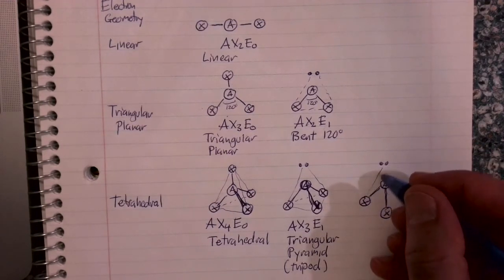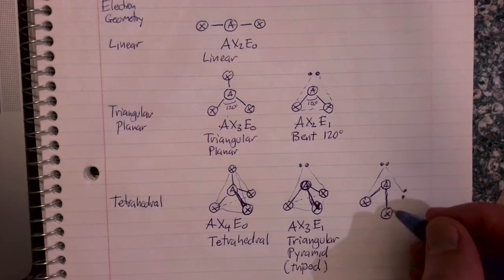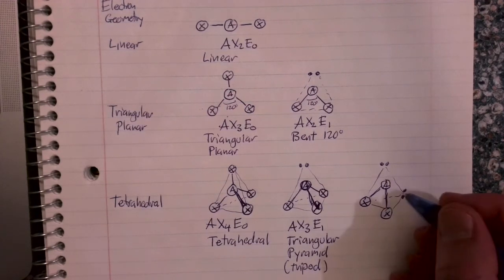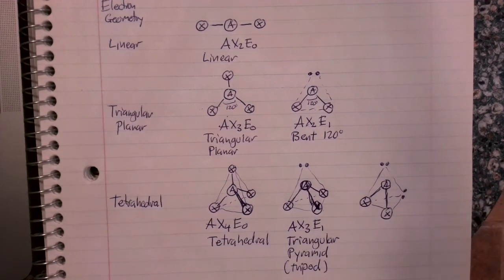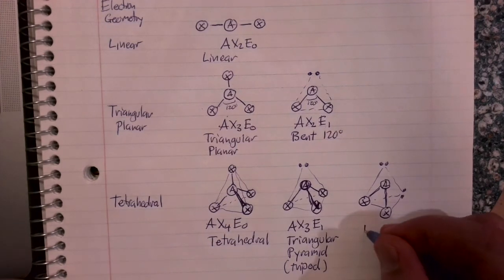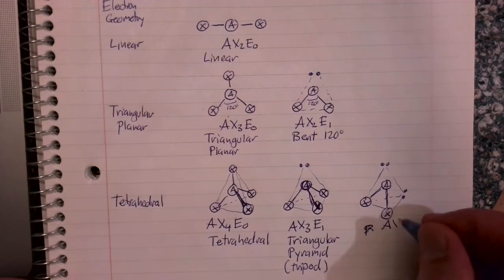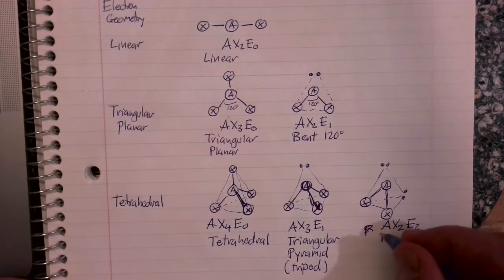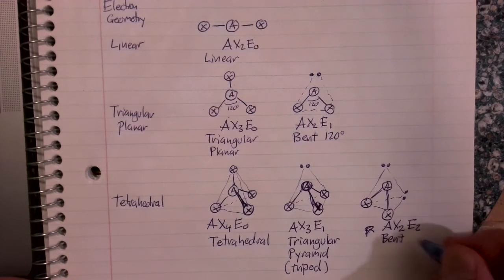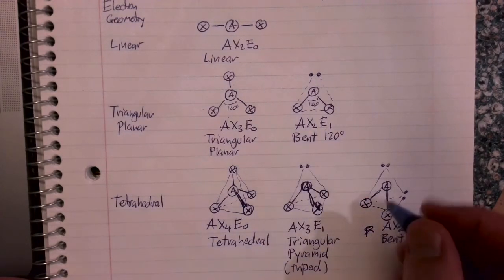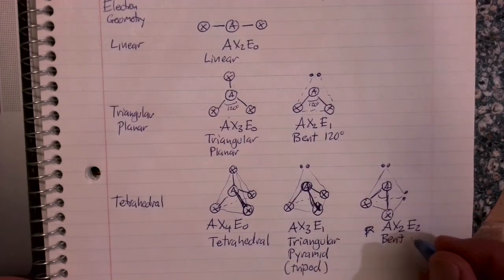And I still have my sort of tetrahedral electron arrangement, but overall, right, I'm going to call this one bent. Oh, sorry, I should actually call it an AX2E2, and I'll say that it is bent. But it's not bent 120. This angle is smaller. This angle is about bent 105.